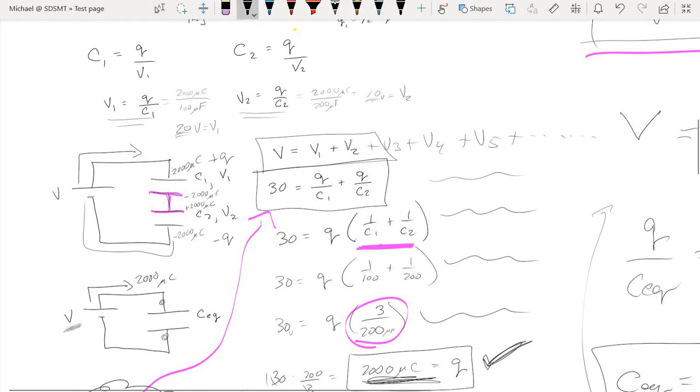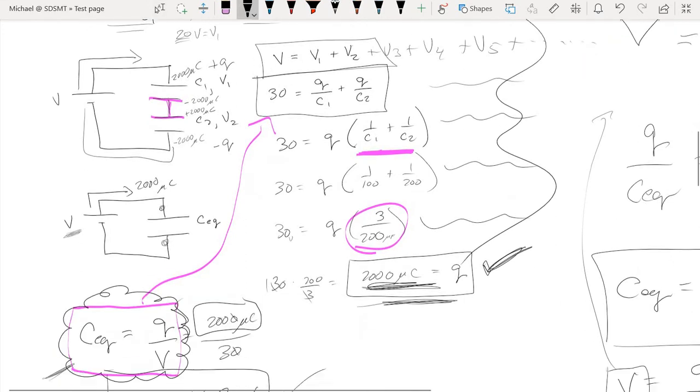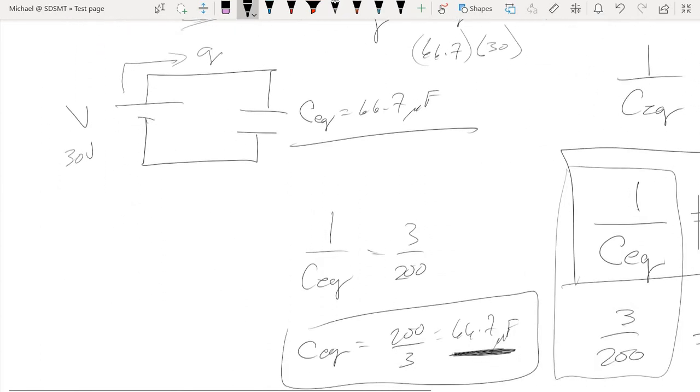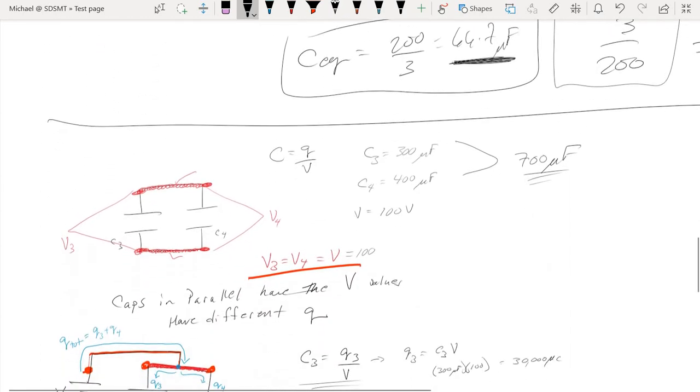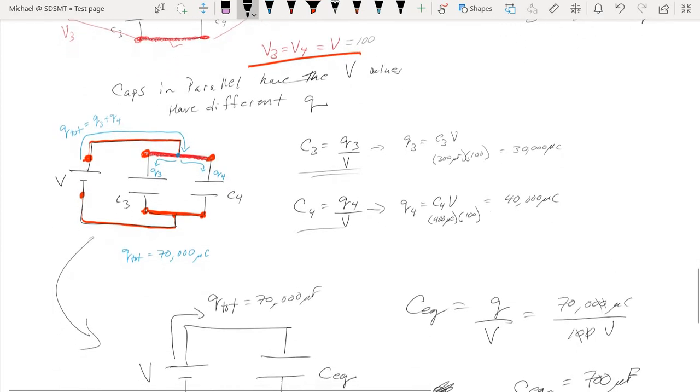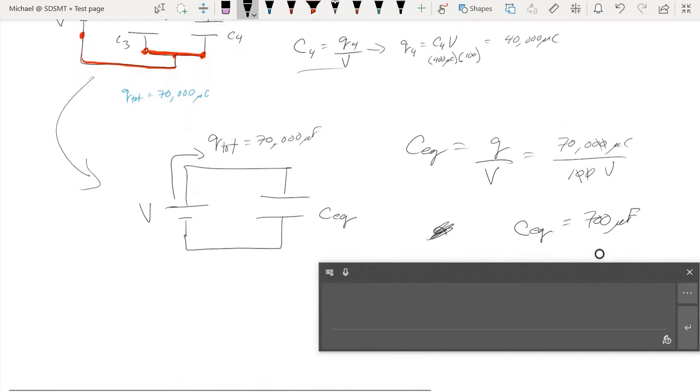Well, we needed all of this math to basically back up our claim that this was going to be the equivalent capacitance. So we need some math to back up our claim that all we have to do is add the capacitor values together to make the equivalent.